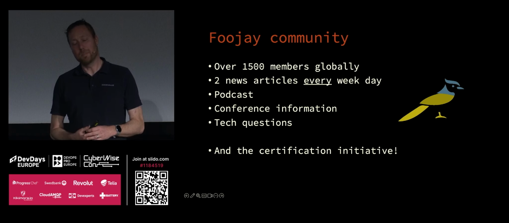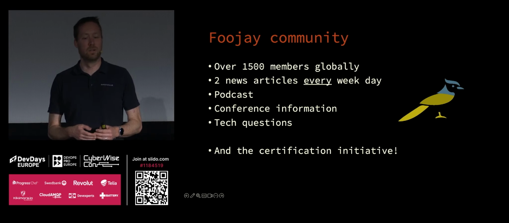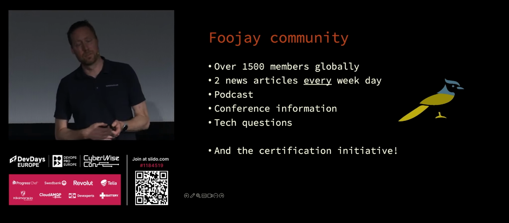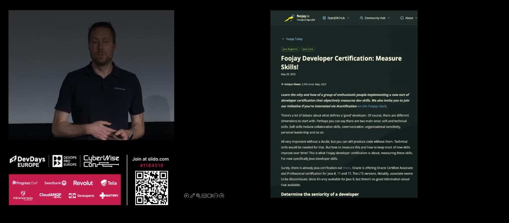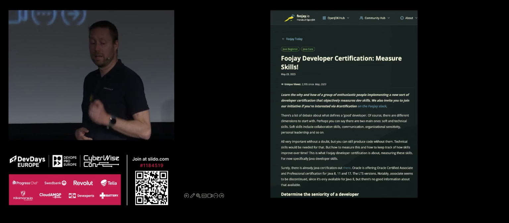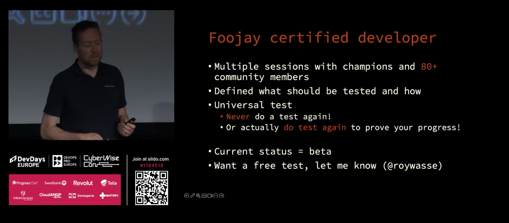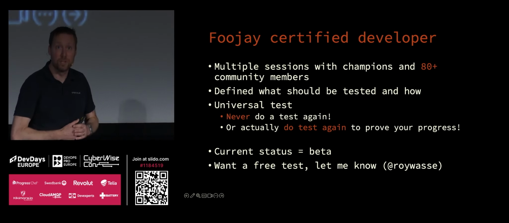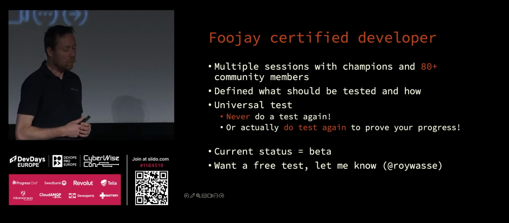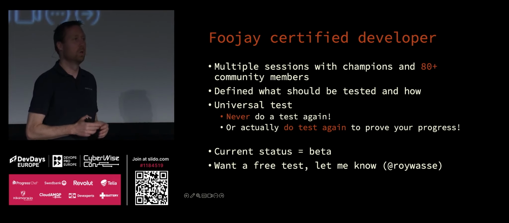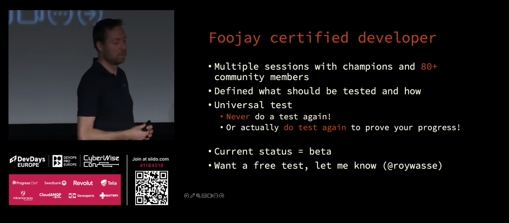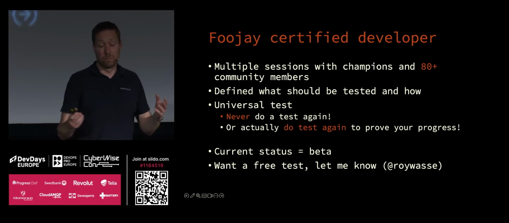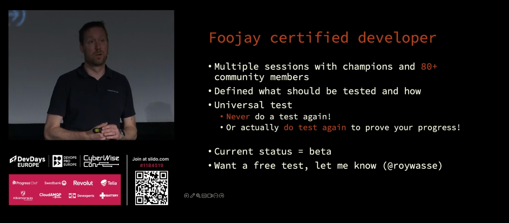And what we did is also start a FAANG certification initiative here, basically using the insights from the Grasp platform and also the platform itself. There's an article online about this, and it turned out that there's a lot of enthusiasm for this, with over 80 community members, Java champions, other people who are involved in conferences, people who are involved in all kinds of open source projects.